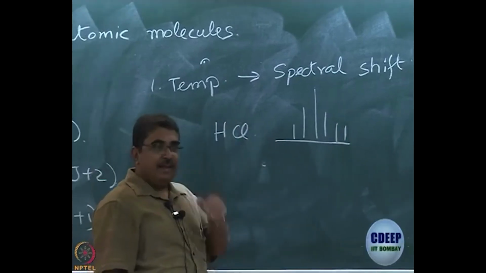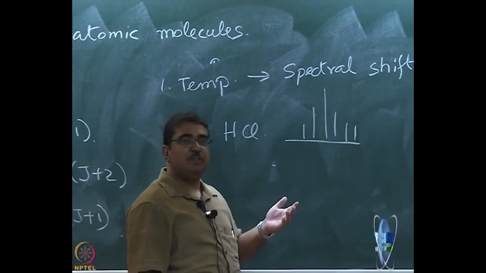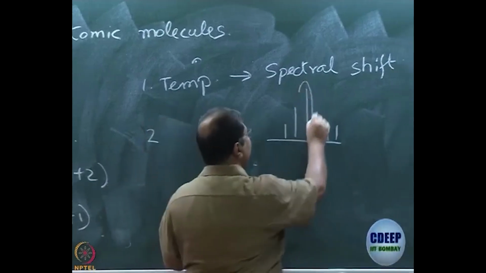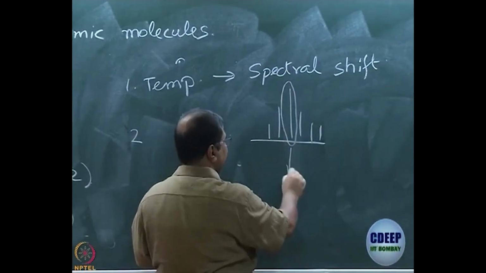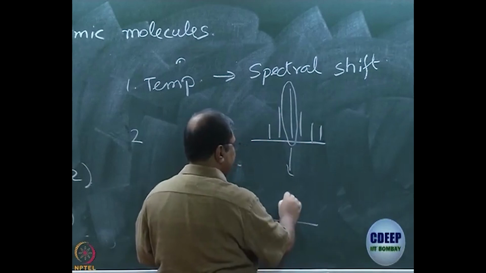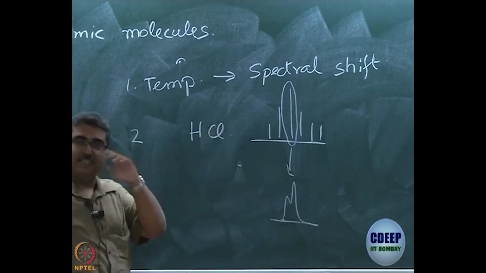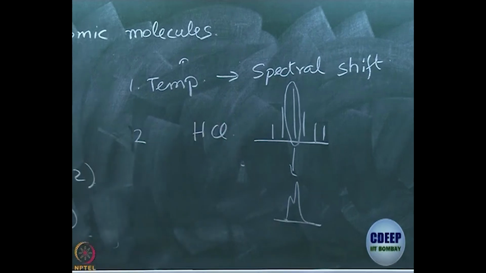If the resolution of your spectrometer is good enough, then what you see is each line looks something like this. Each line turns out to be a doublet. I am talking about HCl and I am addressing a class primarily of chemists. So, can you tell me why?